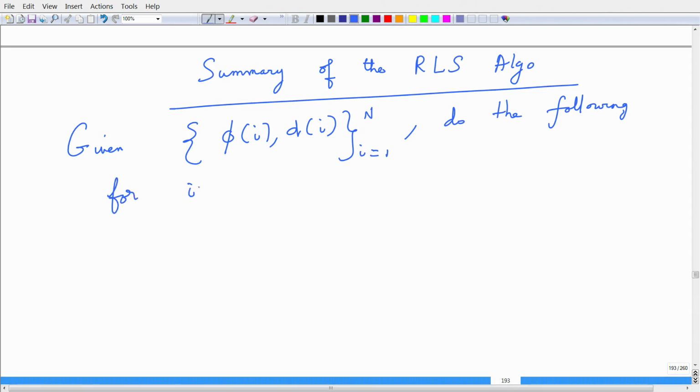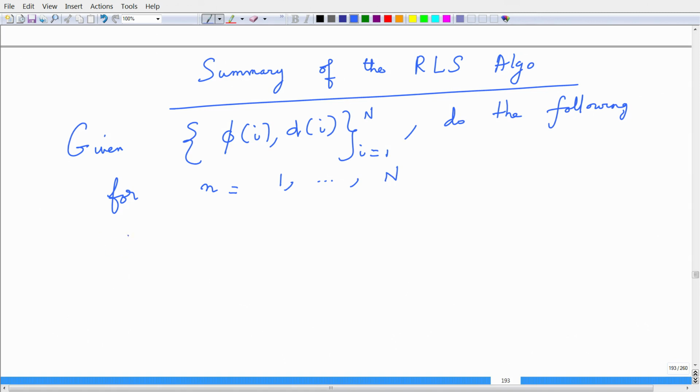For small n, time step equals 1 dot dot dot till capital N, you do the following steps. So I will talk about initialization towards the end.